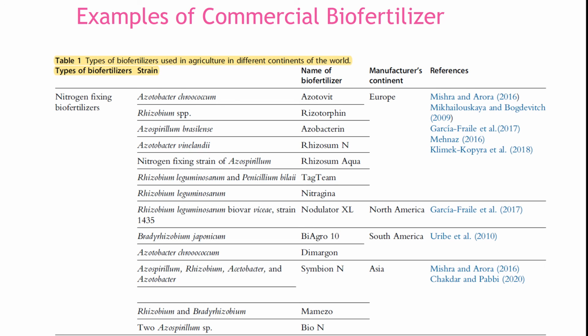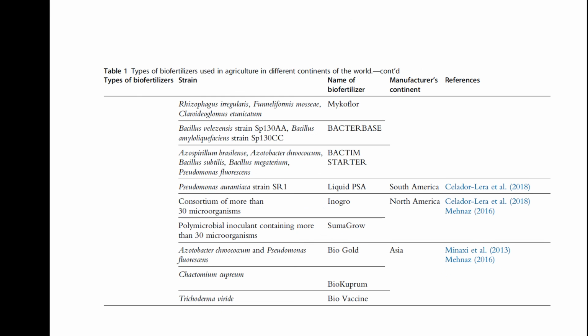Of course, I don't expect you to remember this, but across different continents, there are different types of microbes. When you see this name, you know this is a consortium, a mixed culture. And if you see one name, it is a pure culture, mainly for nitrogen fixing. And continuously there are more mixed types, some of them even mixing more than 30 types.